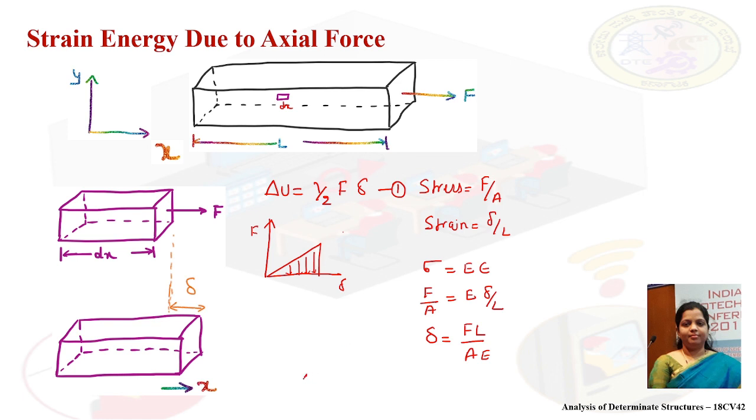Equation 1 will become delta U is equal to half into F into FL by AE. Since we have considered only a small element whose length is delta x, we can replace this L with delta x. Therefore, delta U is equal to F square by 2AE into dx.